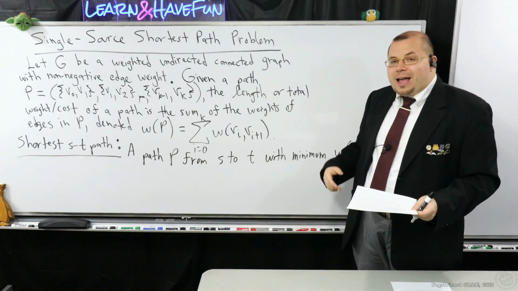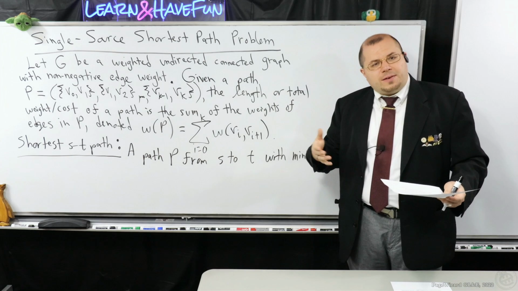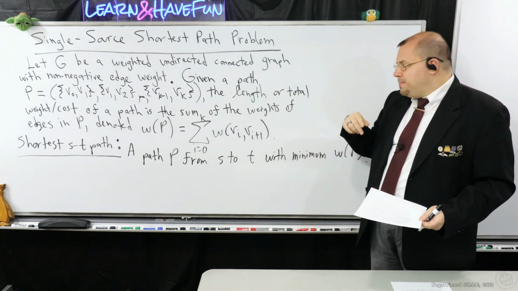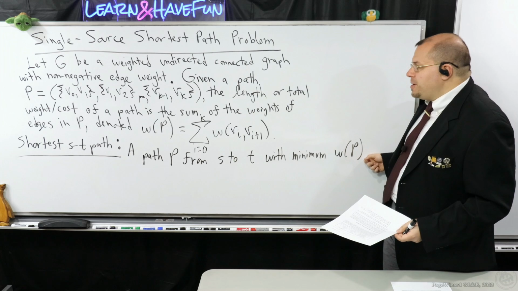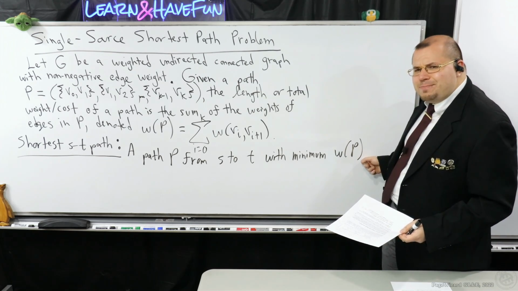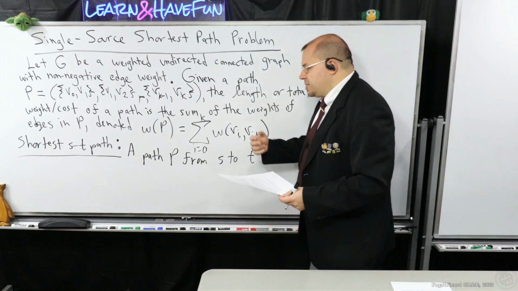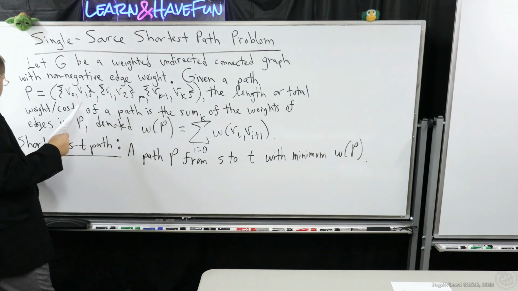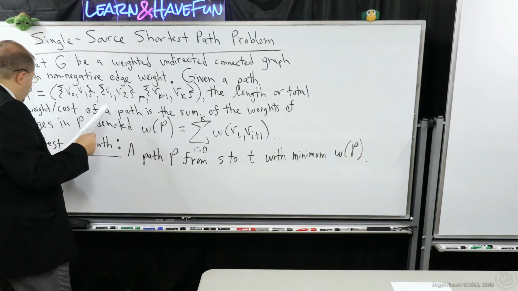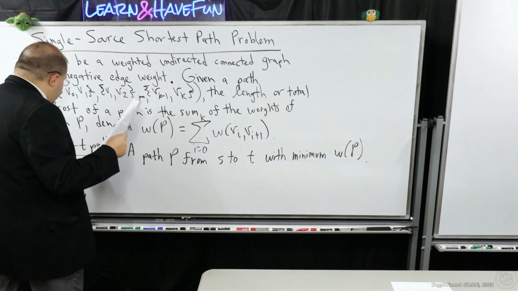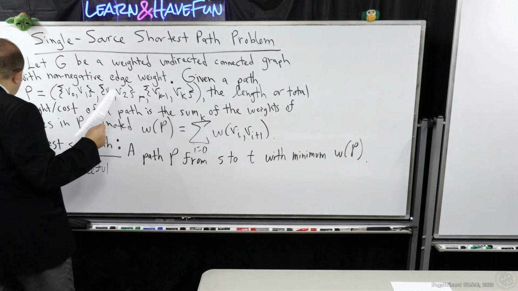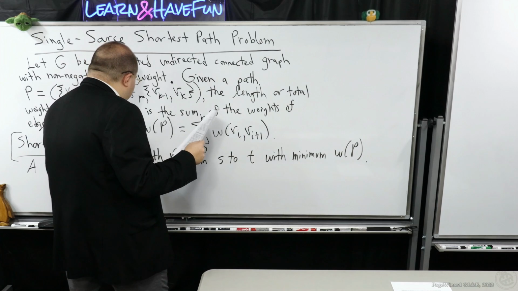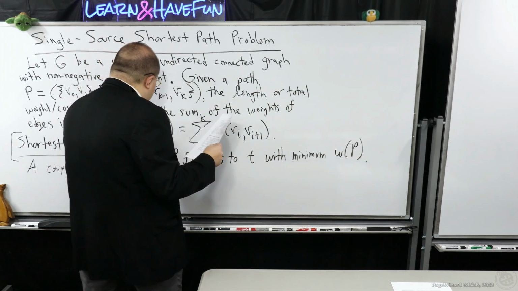There are several ways you can formalize this, and I'm going to formalize it a specific way later. I would like to have some property for these so-called shortest s-t paths. So there's going to be a couple useful properties. I'm getting really excited here.